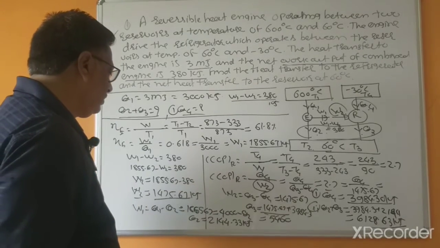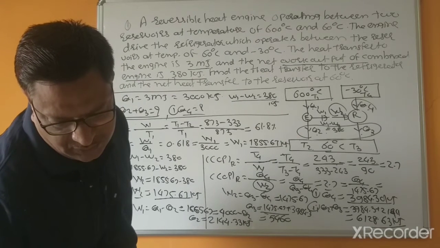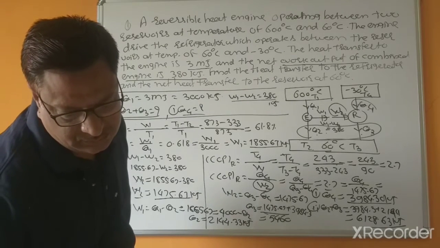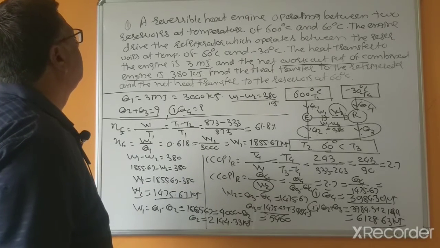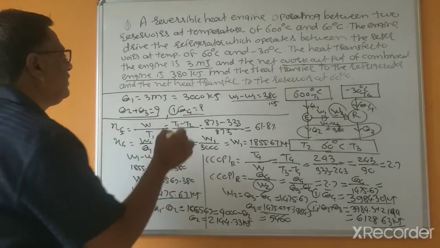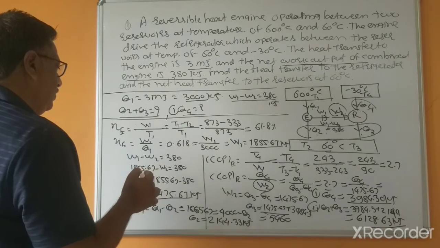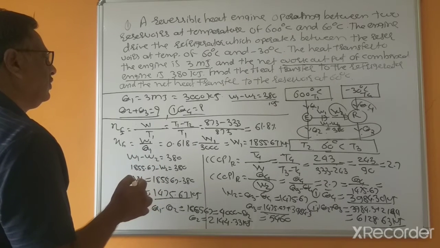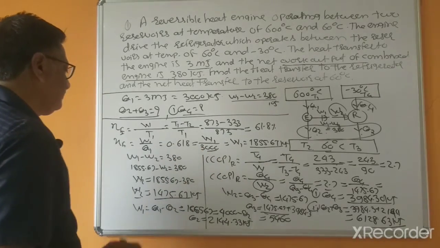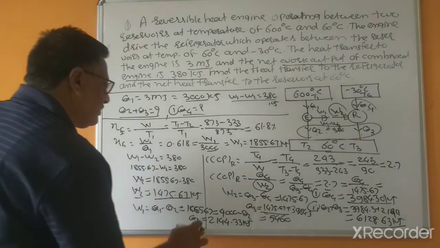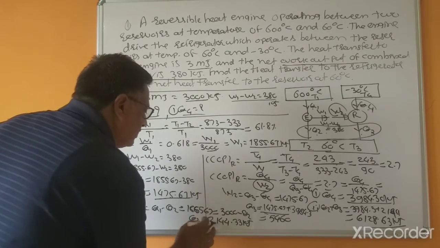And Q2 equal to 3000. Actually this is 3000 and I considered here 4000. So that's why I am getting the wrong answer.